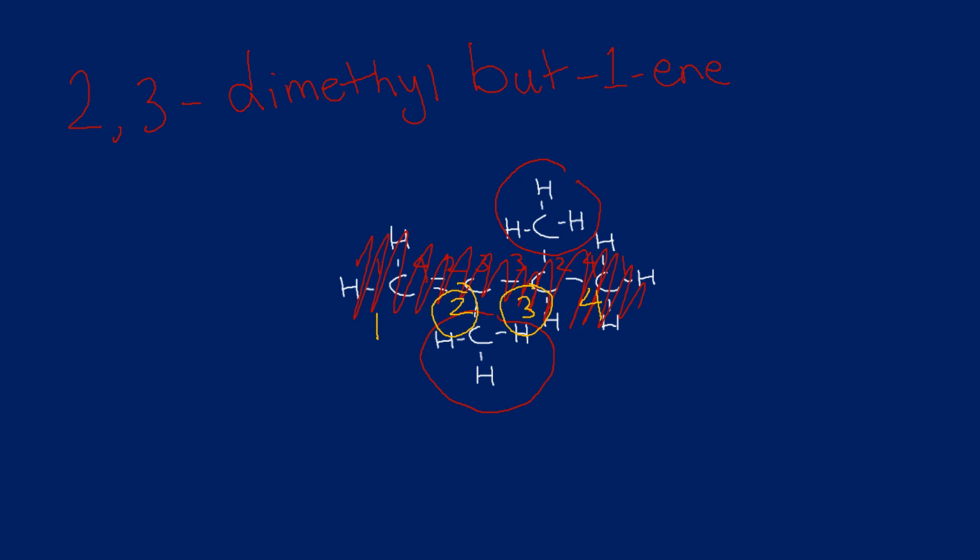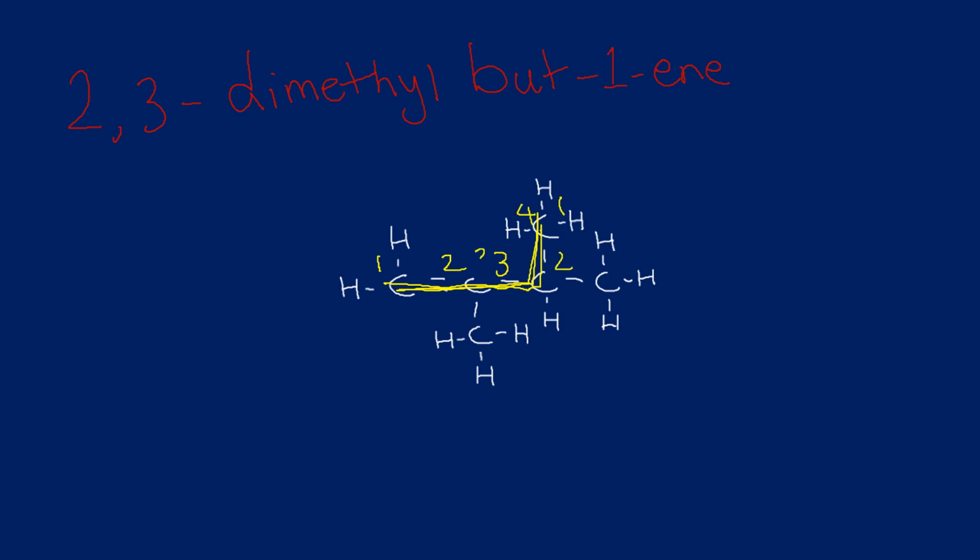If we were to name it using that other route that I suggested was possible, we will get the exact same name. So we go this way again, 1, 2, 3, 4, or 1, 2, 3, 4. It's still going to be classed as butadiene. It's still a 4-carbon chain.